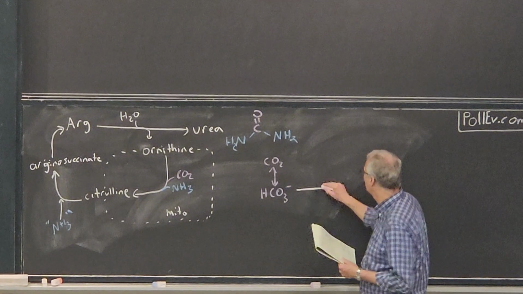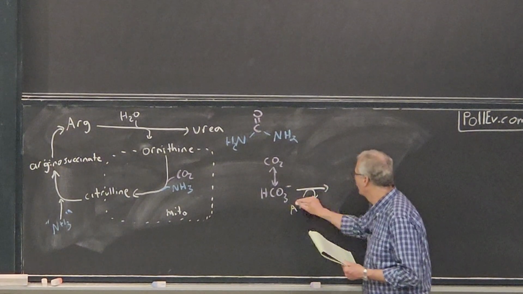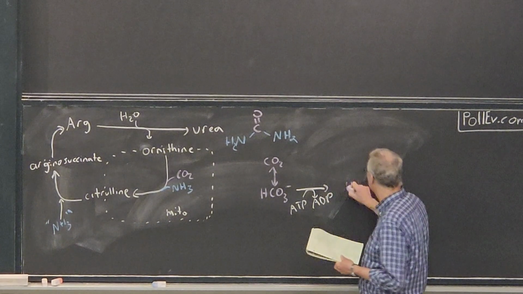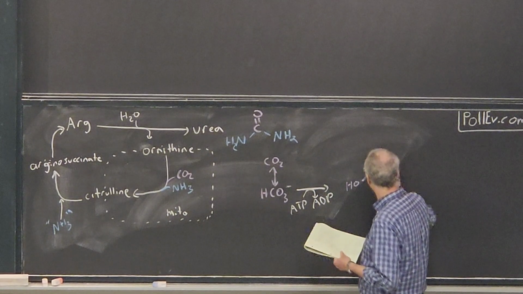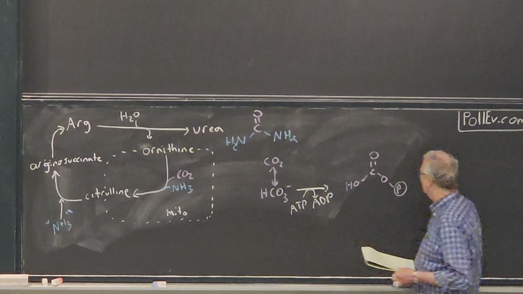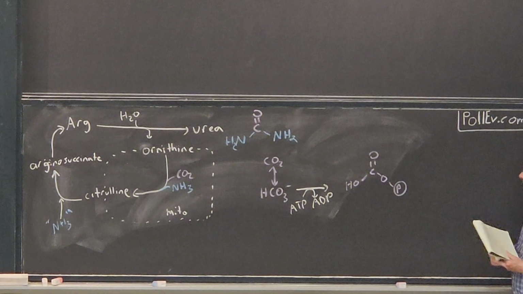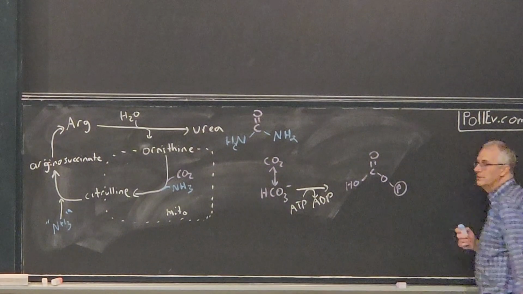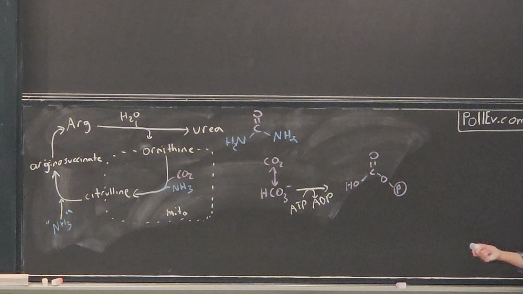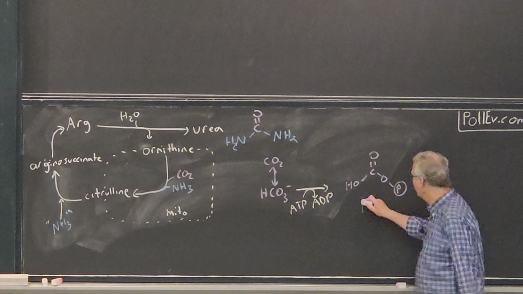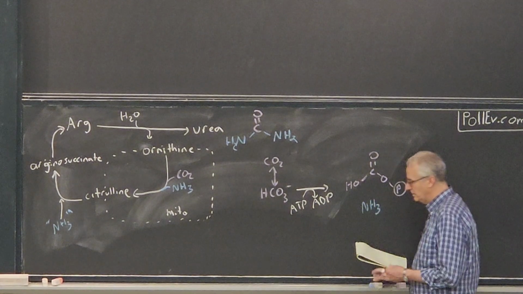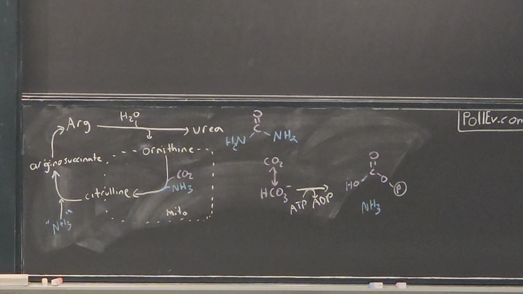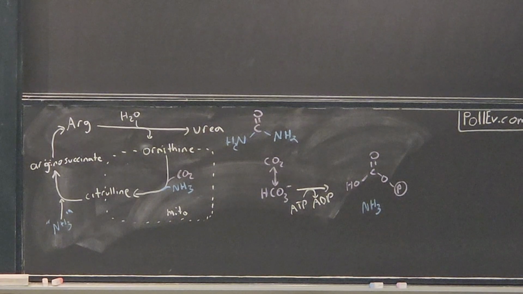And so I can come along and phosphorylate bicarbonate, just like when we've done other carboxylation reactions. That gives us this phosphorylated bicarbonate. And then when we did carboxylation reactions, normally this would interact with biotin, except in this case, rather than reacting with biotin, there's an enzyme that will have it react with ammonia.